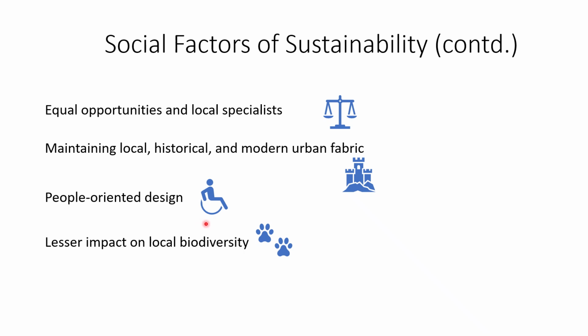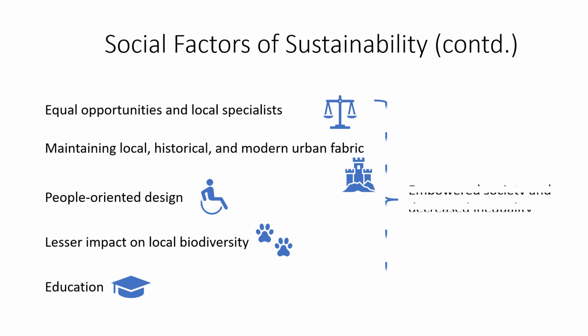So try to do that. Try to build your project around biodiversity rather than removing the biodiversity and creating your project on top of that. Now, last is education. This is also a social factor for sustainability. In general, all of these points together create an empowered society and decrease inequality.